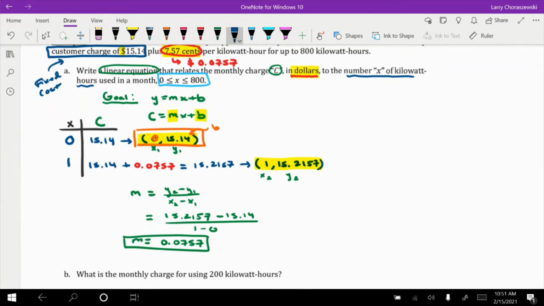So putting all this together, our equation would be c equals our value of m, 0.0757, x, plus our value of b, which is 15.14. And at long last, we have the equation for our line, which happens to also model the monthly charge to use this electricity.